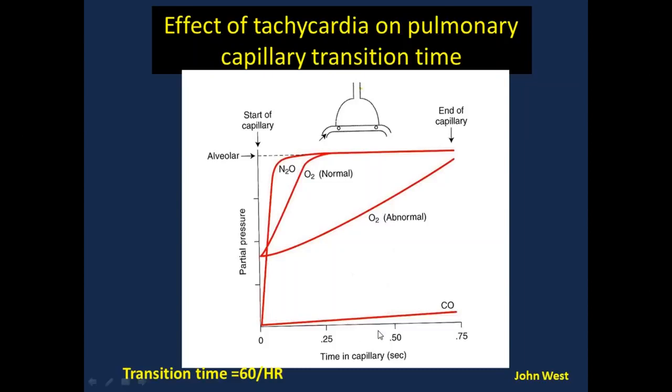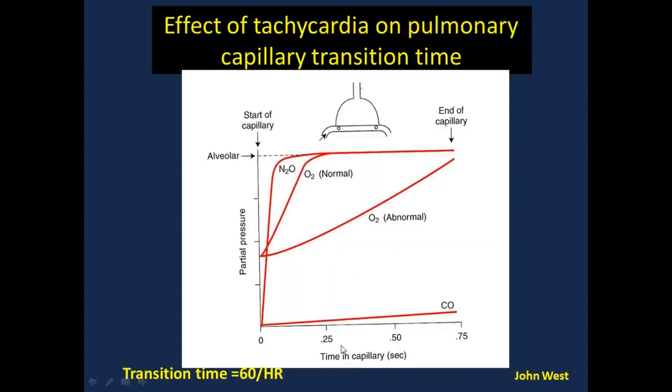If you have an infant on inotropic support and with tachycardia of 200 or more, then the oxygenation will be worsened with tachycardia. To estimate the transit time, it is 60 over heart rate. So if you have an infant with heart rate 120, his transit time is 0.5 of a second, 60 over 120.